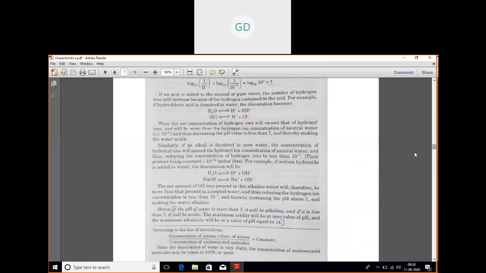Then next line you can write as this one. This one you can write from here to here. Take a screenshot.